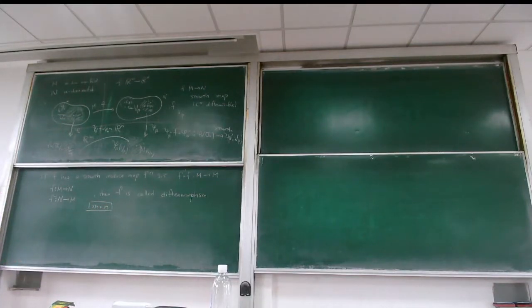In this case, this is the condition. Okay, so let's look at the example. So what is an example of diffeomorphism? Can you give me some example for manifold and the diffeomorphism?